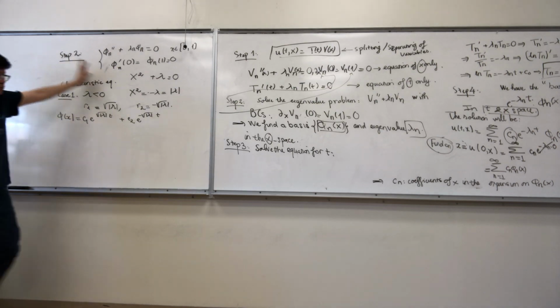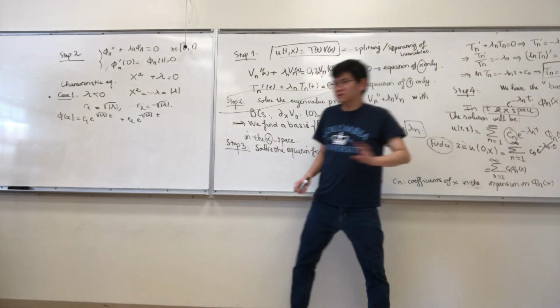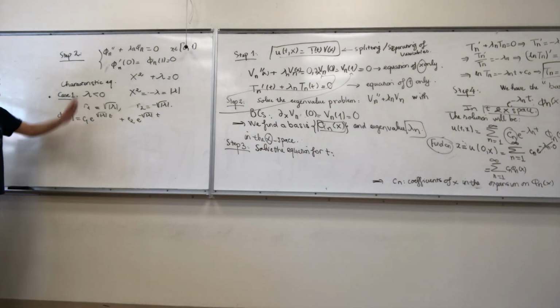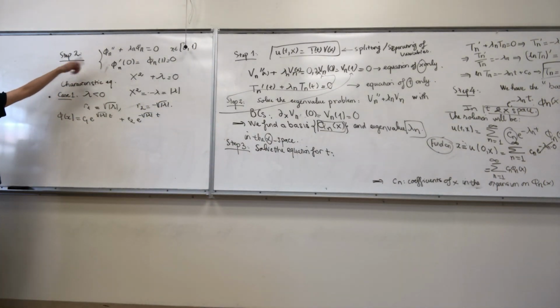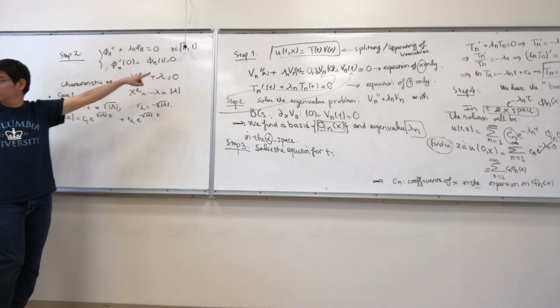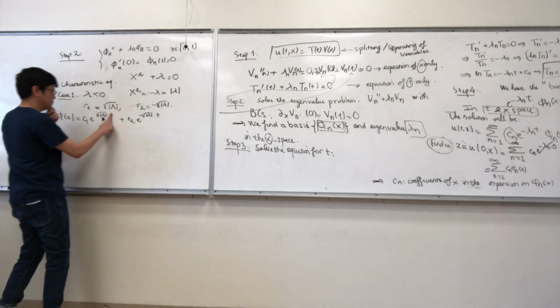I repeat. We're now solving the eigenvalue problem in step number 2, and this eigenvalue problem can be solved using the characteristic method. Questions? Yes? Is it X or T? X, thank you.